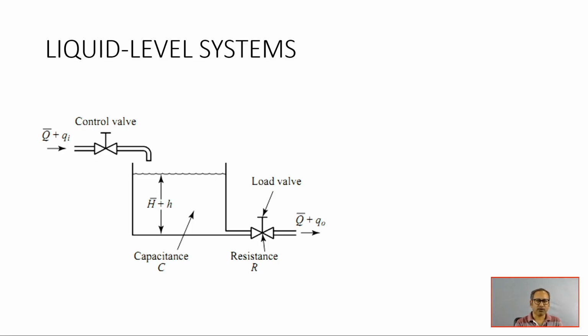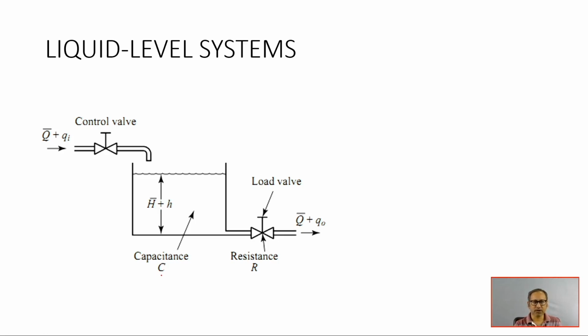So this I am going to discuss first. In this figure you can see a tank, and the liquid flows out of the tank via this load valve, which offers some resistance R, and the tank has some capacitance, indicated by the capital C here.